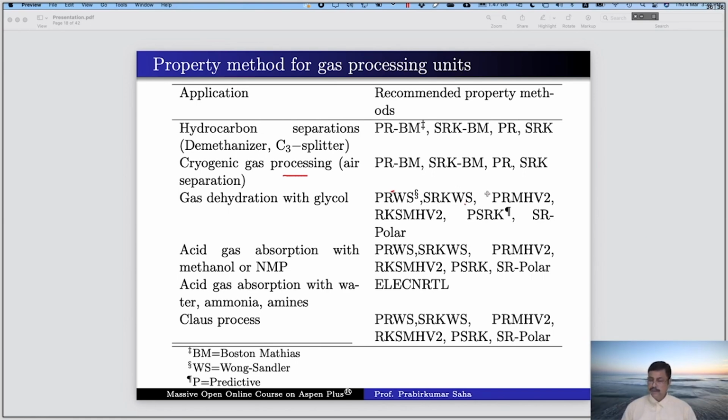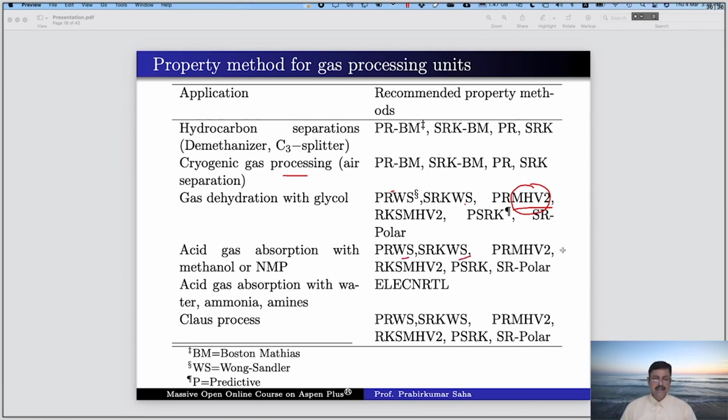You can also use Peng-Robinson MHV2, where the MHV2 property package is used along with the Peng-Robinson method. For acid gas absorption with methanol or NMP, we can again use Peng-Robinson-Wong-Sandler or SRK-Wong-Sandler.